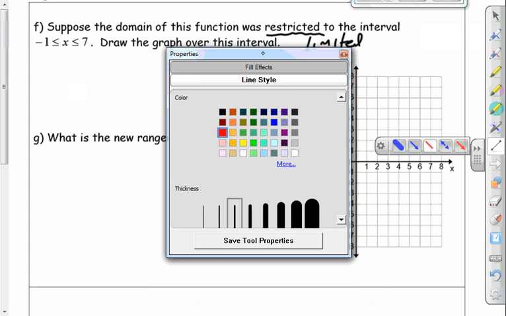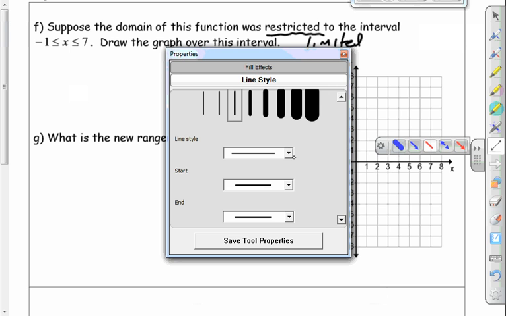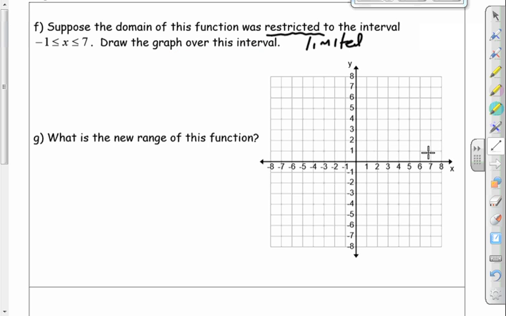When you think about restrictions on a domain, it's basically asking us to only use certain x values. And in this case, it's asking us to only go from -1 to +7. So think of these as walls. The graph may only appear within these walls, where x is -1 to +7. Nothing else about the graph will change.